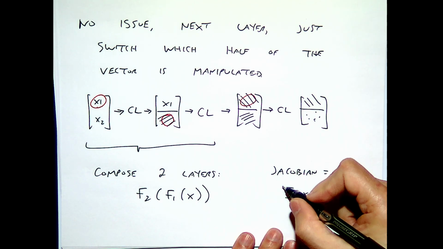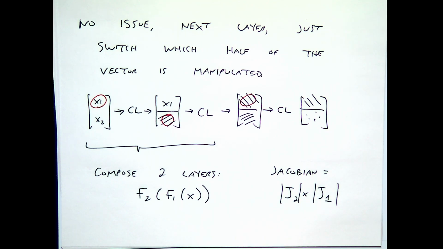Both of which are easy things to compute, because each of these is a different lower triangular matrix that's easy to do. So the whole thing is very slick.